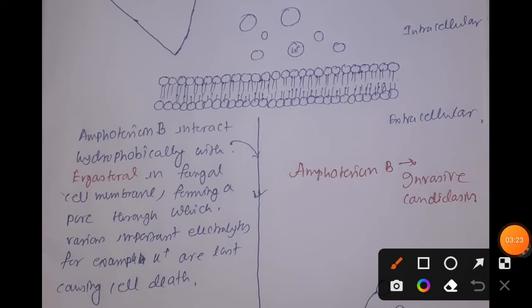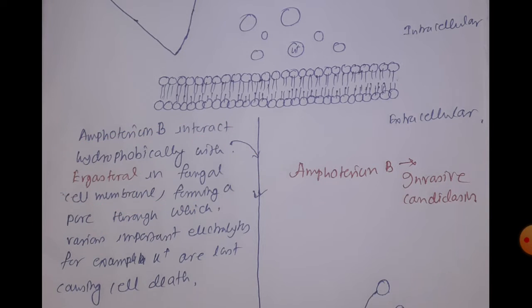Amphotericin B will interact hydrophobically with ergosterol in the fungal cell membrane. I have already discussed that the fungal cell membrane is composed of ergosterol. That means by interacting hydrophobically with ergosterol, Amphotericin B affects the cell membrane and creates a pore.